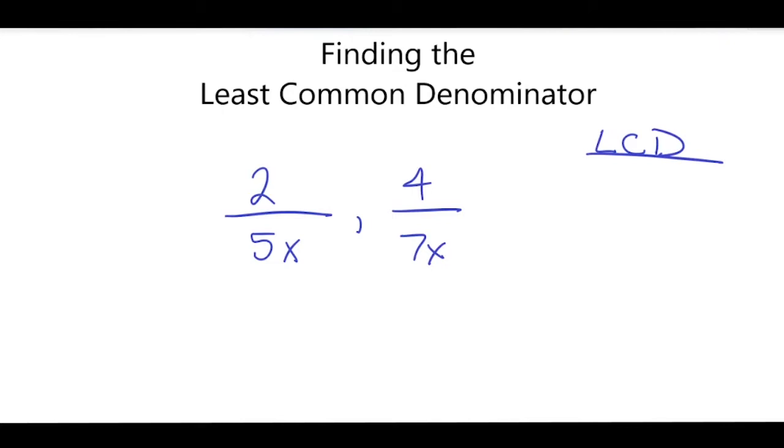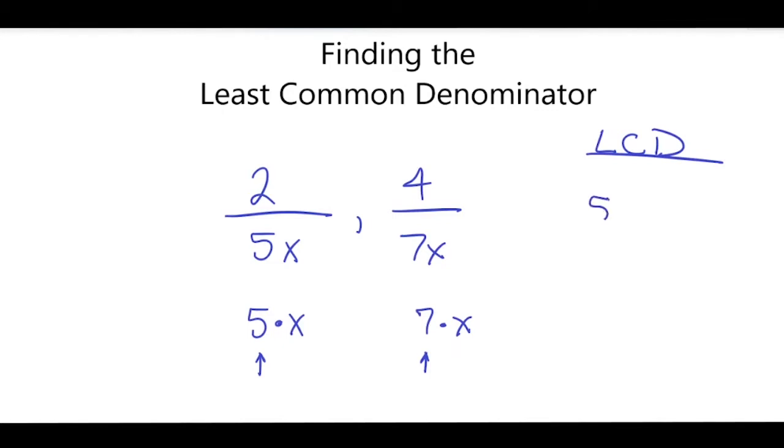So on the bottom of the first fraction, I have a 5x, which means 5 times x. And on the bottom of the second fraction, I have a 7x, which means 7 times x. So in order to find my LCD, I need to take the greatest power of each factor and then multiply them.